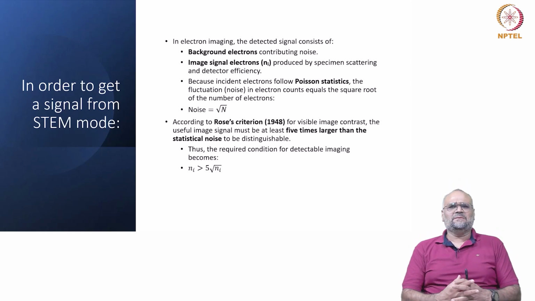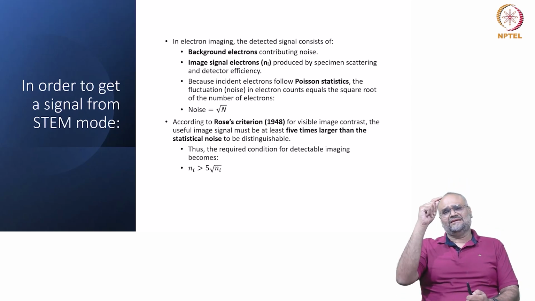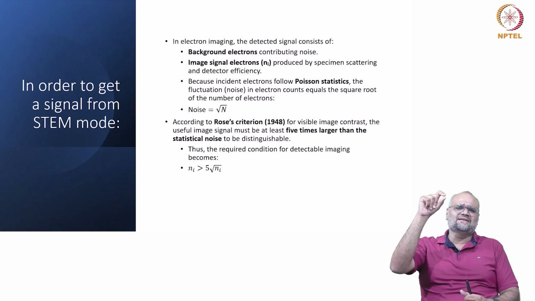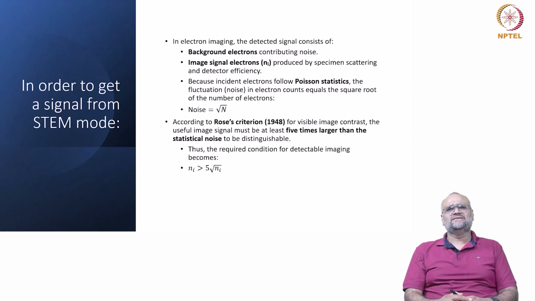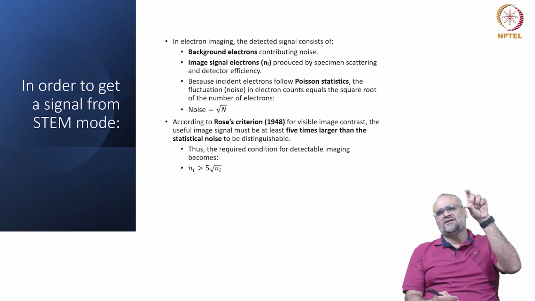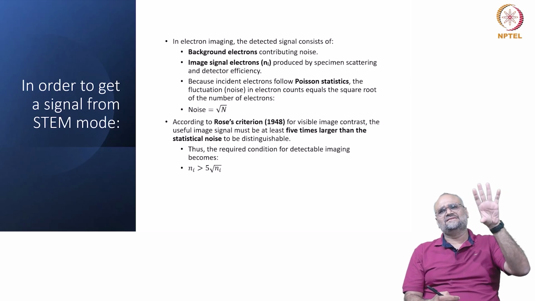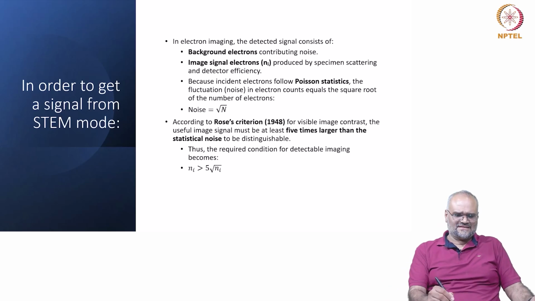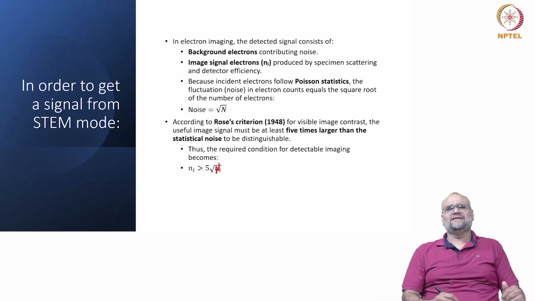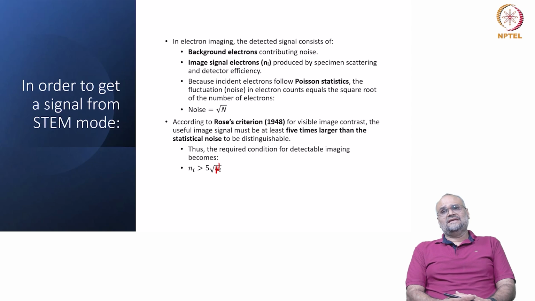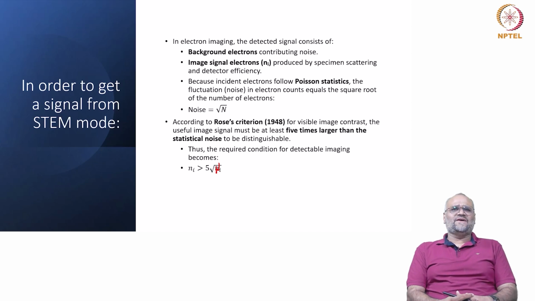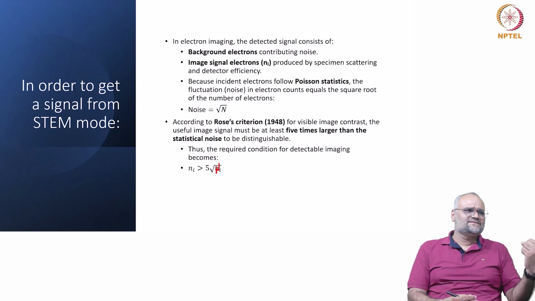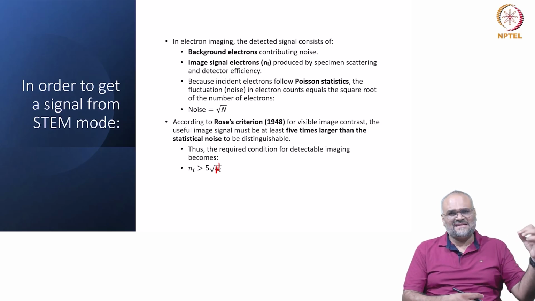You would always have some background noise, and the features that are contributing to my mass thickness contrast when I am recording the STEM image should be such that the number of electrons from these areas where it is strongly scattered should be at least 5 times over the, I am sorry, there is an error here, this has to be the square root of capital N. So the signal should be at least 5 times larger than the statistical noise to be distinguishable in a TEM STEM image.